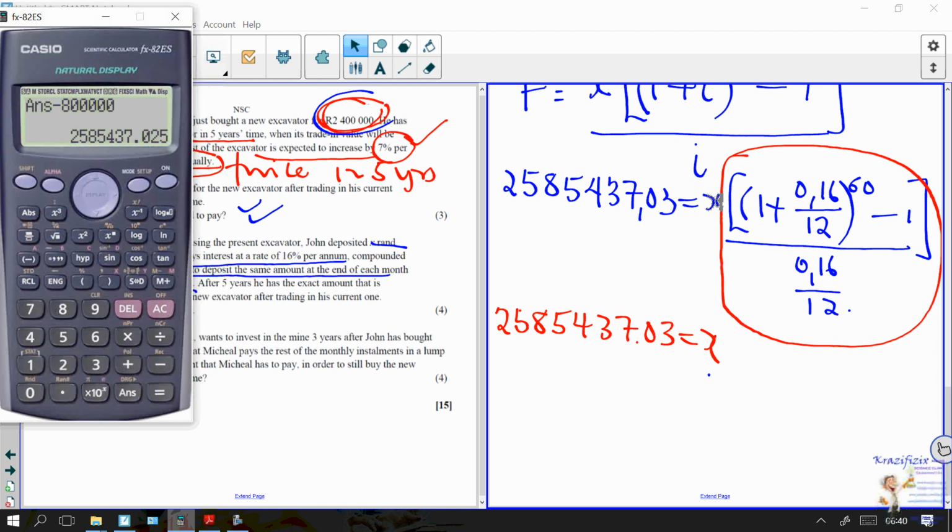You must learn to respect the brackets. All right? Learn to respect the bracket. So what do I have? I have 1 plus, what do I have? 0.16 divided by what? 12. And then what do we have?